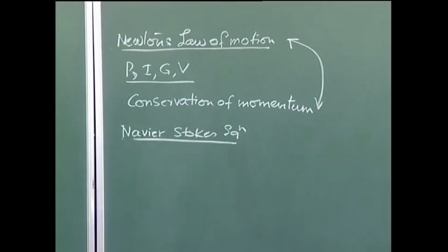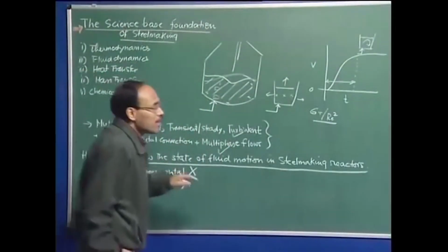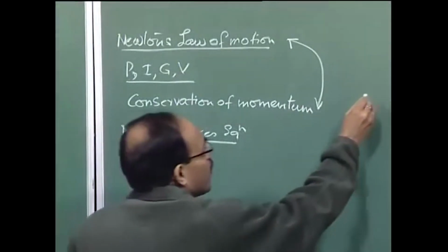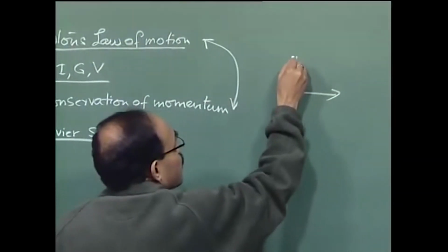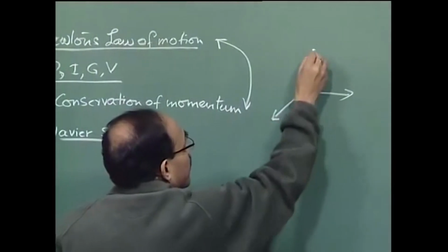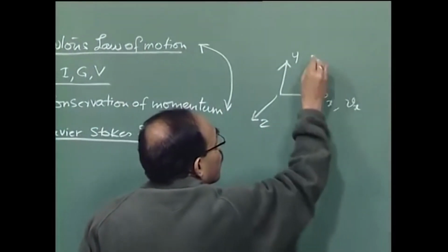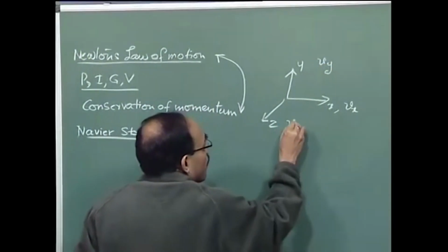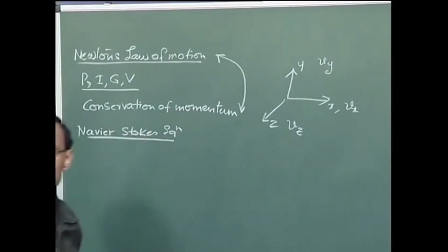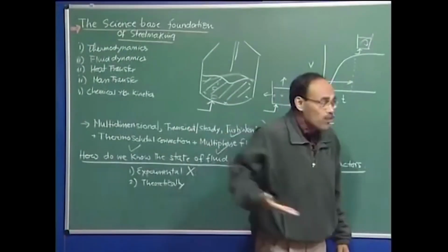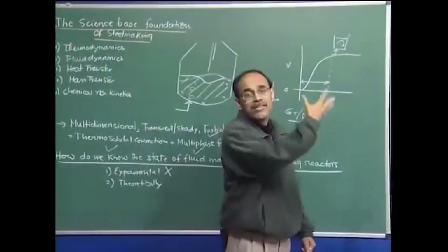Because we are talking of multidimensional flow, we are going to have three different components of flow, along x, y and z. So, we have a Vx component of flow, a Vy component, and a Vz component. There is a Vx conservation of momentum, a Vy conservation of momentum, and a Vz conservation of momentum.